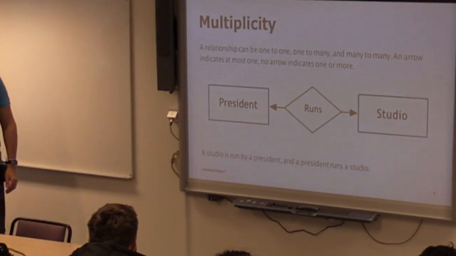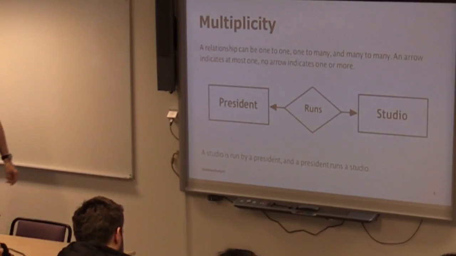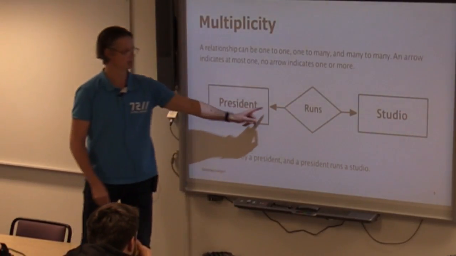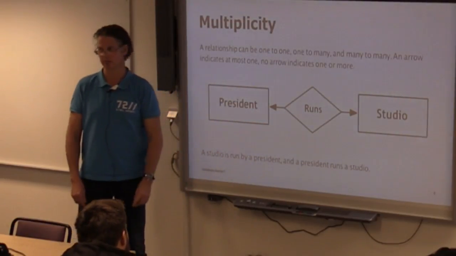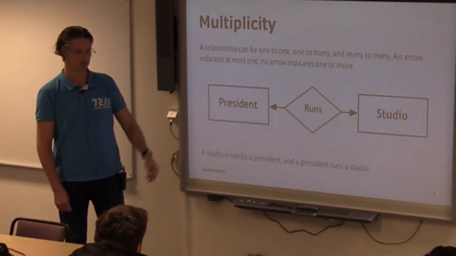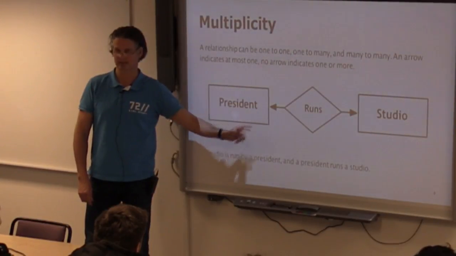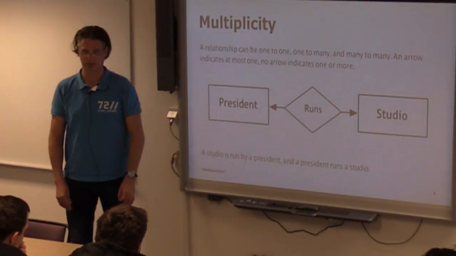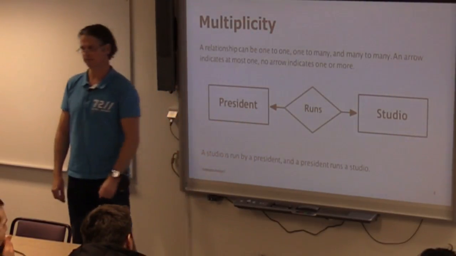So this means that a studio may not be run by more than one, because if that would be the case, I would have to remove that arrow. Then it means many. That means a studio can be run by many presidents. Here we just say it can be run by a president, but it can also be 0 presidents. So that means 0 or 1.